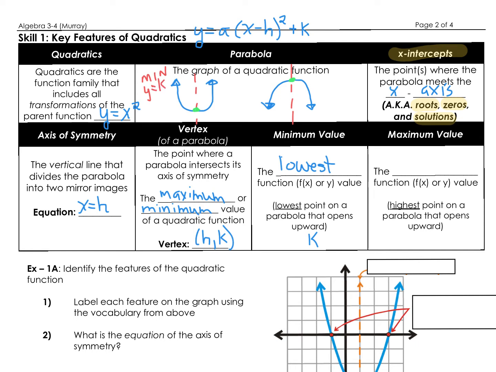All right, then this parabola over here is a maximum because that vertex is at the top. So that's going to be y equals k also, but it's your maximum because it's at the top. So it must be the highest function value. And again, it's still k.